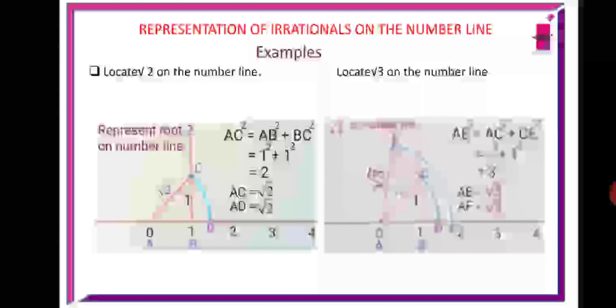Now we have taken AB as 1 unit, and at B we are going to draw a perpendicular line. So mark 1 unit from B to C. Then after marking BC as 1 unit, you are going to join OC.